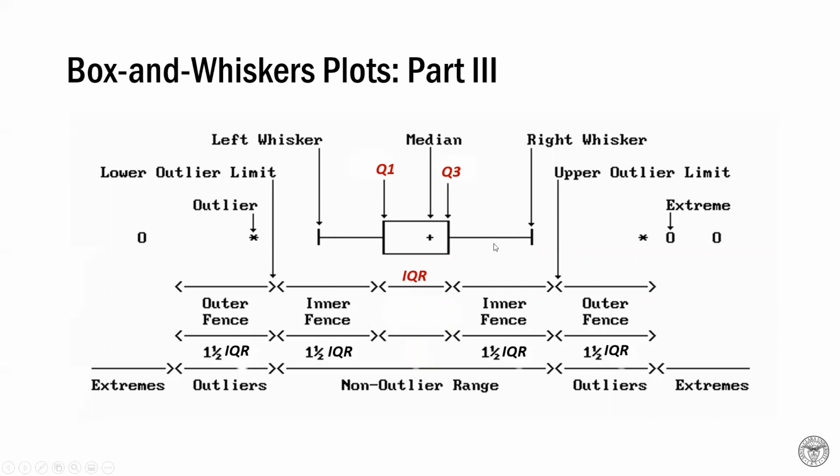The left and the right whiskers are defined from Q1 to the left lowest point, and Q3 to the right highest point within the inner fences. The outliers are those between inner fences and outer fences, and extreme points are those outside the outer fences. So in this way, we can further differentiate those extremes from outliers.